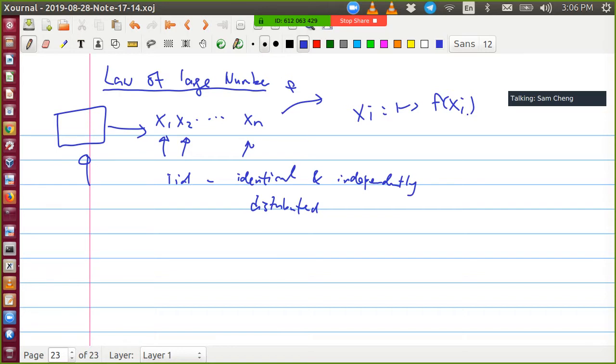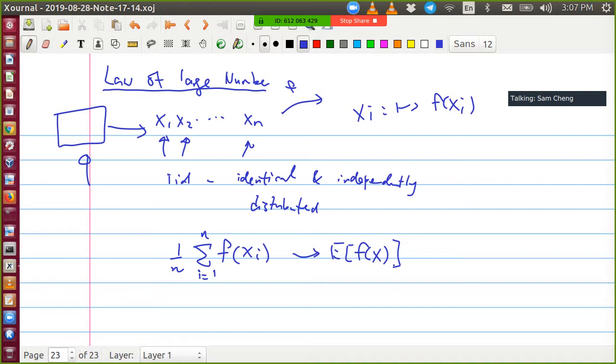Then the statement of the law of large numbers is that if we consider the empirical average of the functional output of that sequence, that means if I take f(xi) for i from 1 to n and take the average value of that, this average will converge to the expectation of f(x).